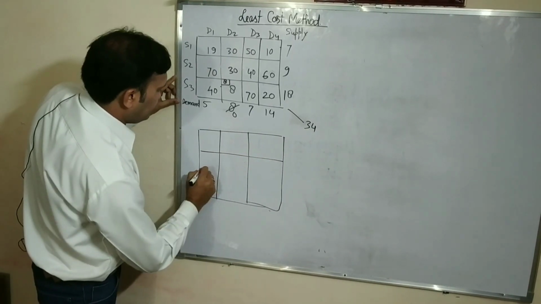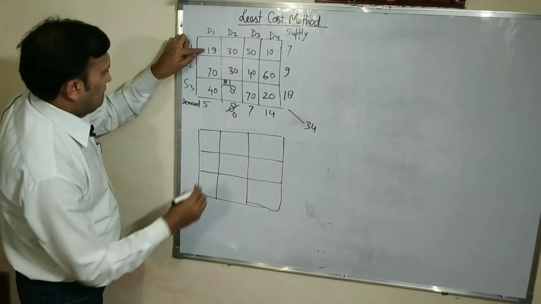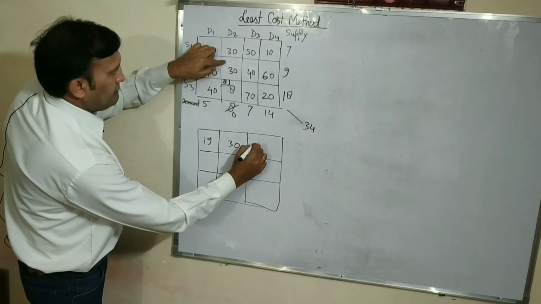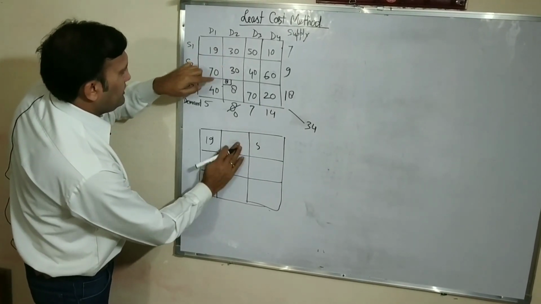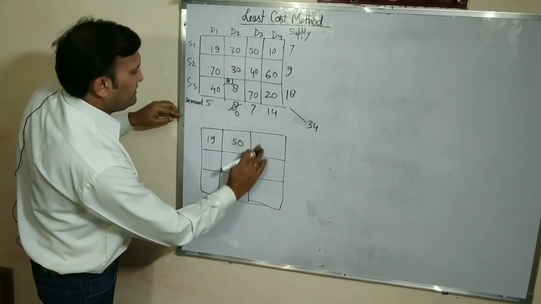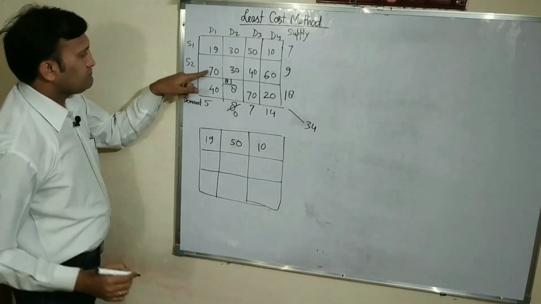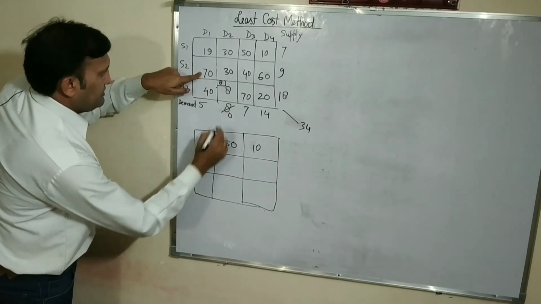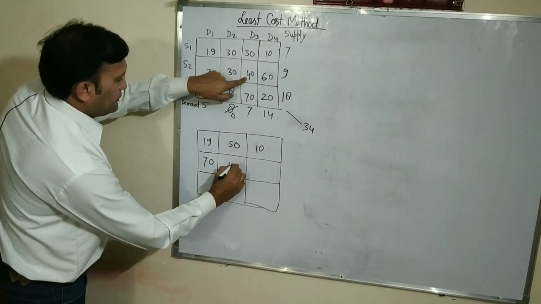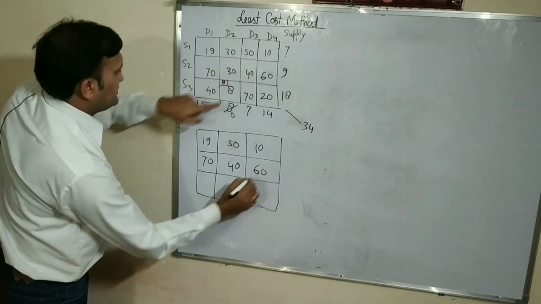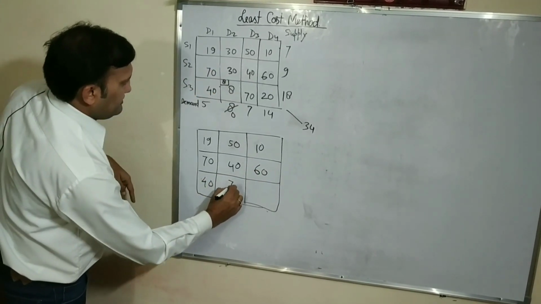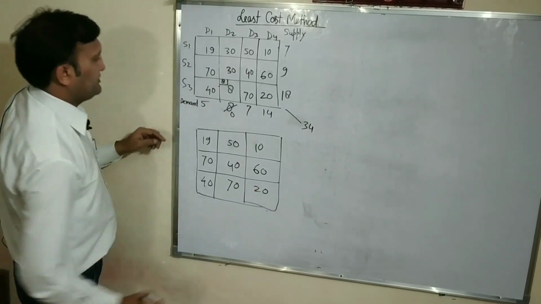It will be a 3 by 3 matrix. So again we are going to put up the costs: 30, 50, and then 10. For the second row, 70, and then 40, 60, then 40, then 70, and then 20.